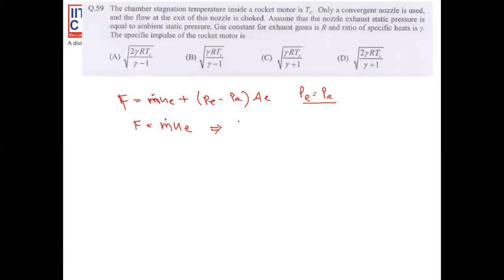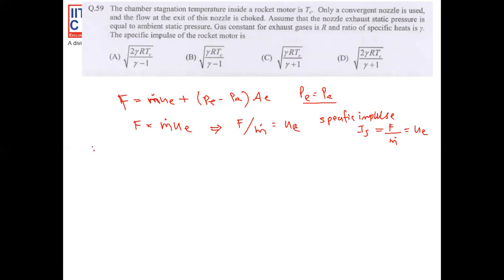So from this we get F by m dot is UE, and this is the specific impulse, equal to F by m dot, which is equal to UE.